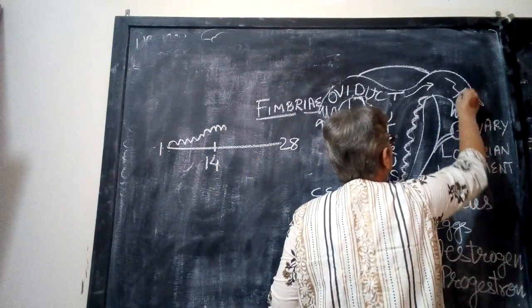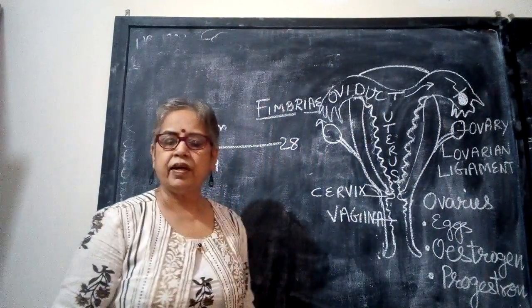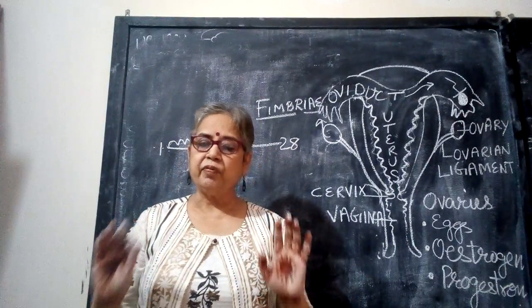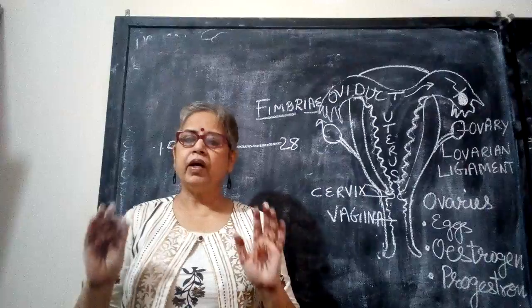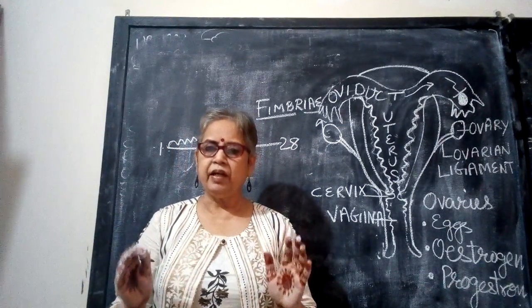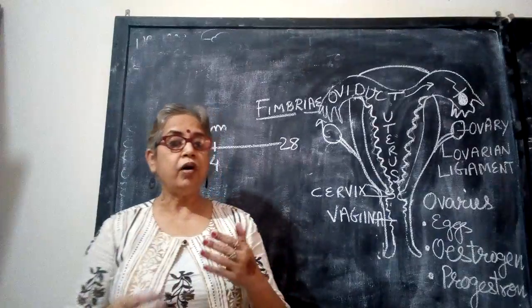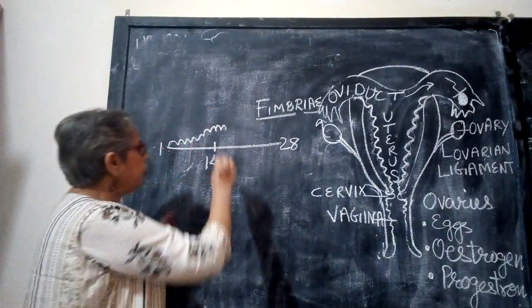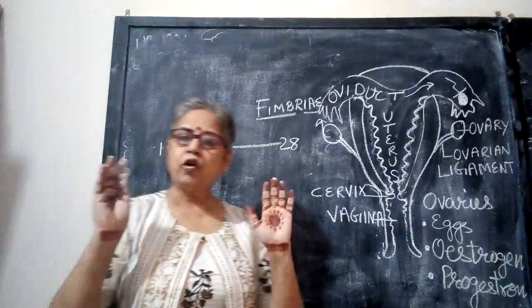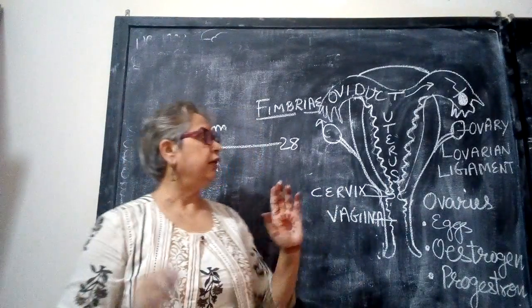The fusion takes place and we say that conception has been done. Once conception has occurred, we say that the female is pregnant, but she comes to know after 28 days. The uterine wall was thick, and now it will remain thick for the full gestation period.